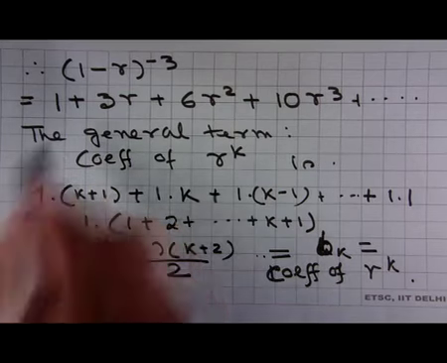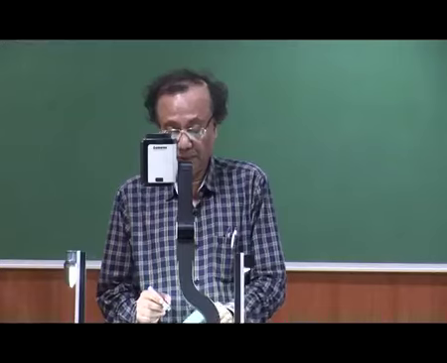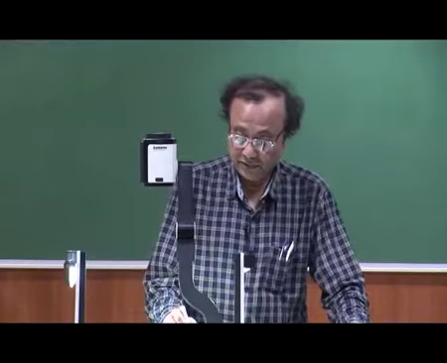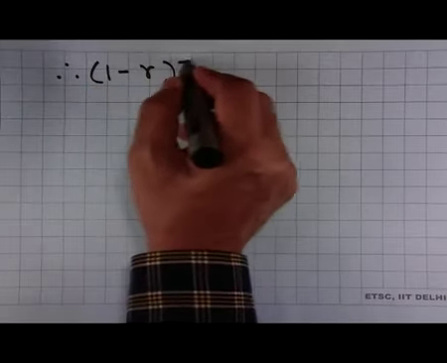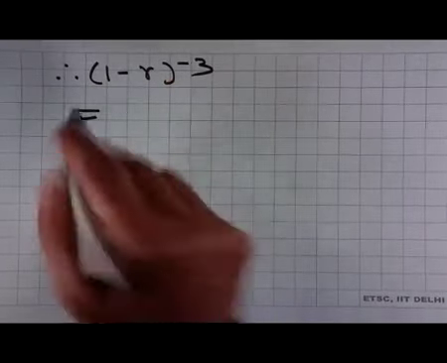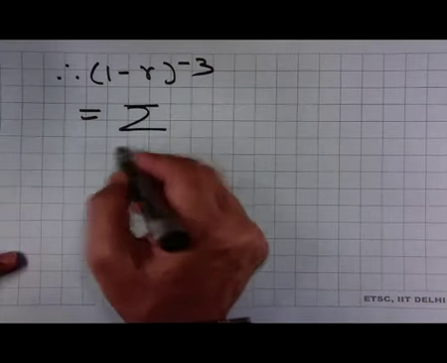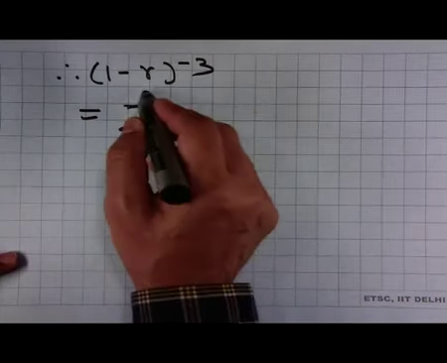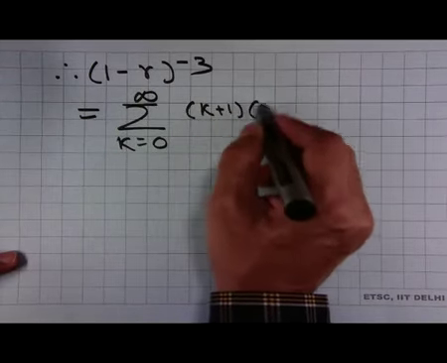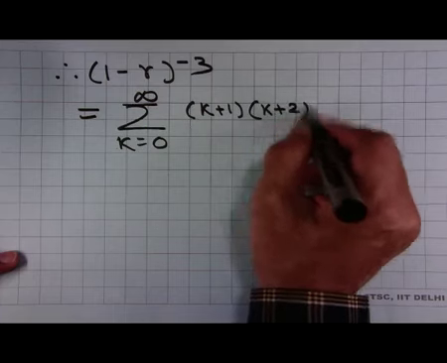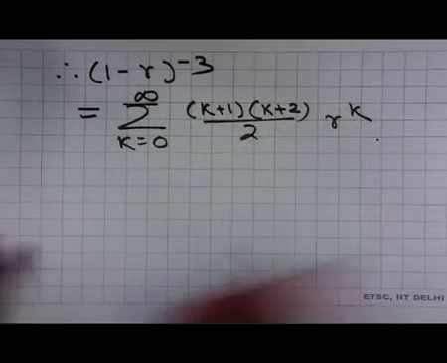Therefore, we get an expression for (1 minus r) whole to the power minus 3 as follows. (1 minus r) whole to the power minus 3 is therefore sigma k is equal to 0 to infinity (k plus 1) into (k plus 2) by 2 r to the power k.